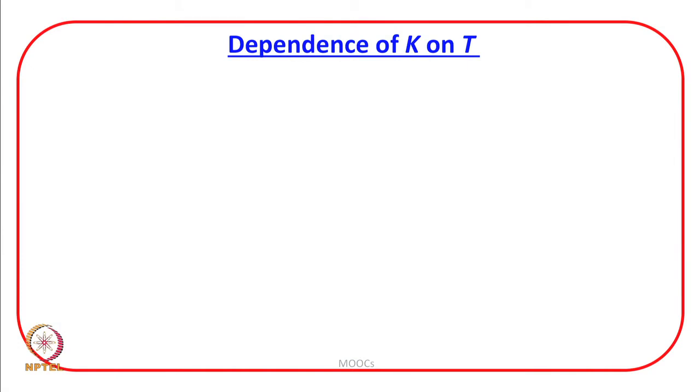Let us continue our discussion on equilibrium constant dependence on temperature. We have just derived this equation, Van 't Hoff equation. So, let me rewrite Van 't Hoff equation over here.